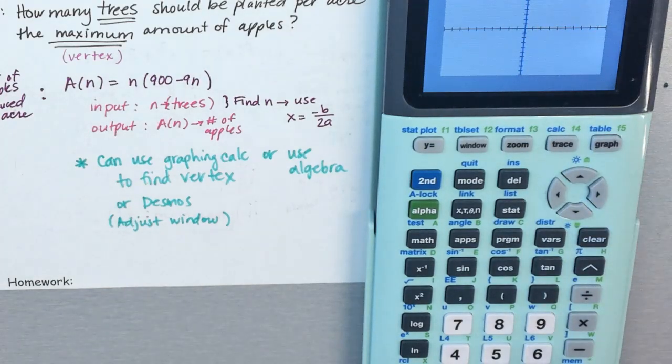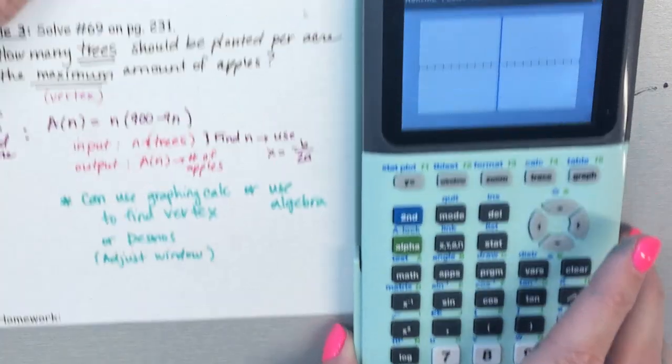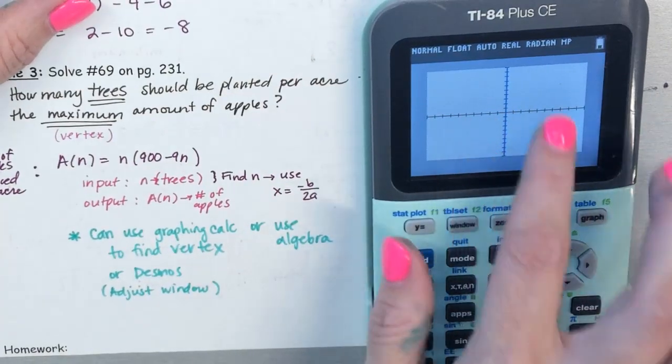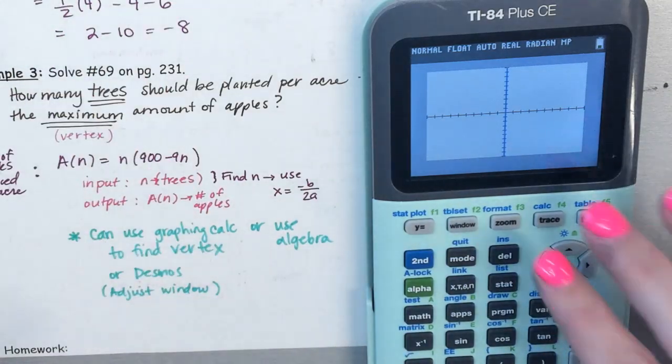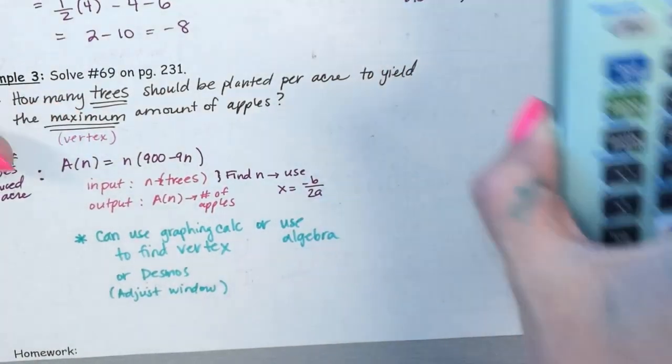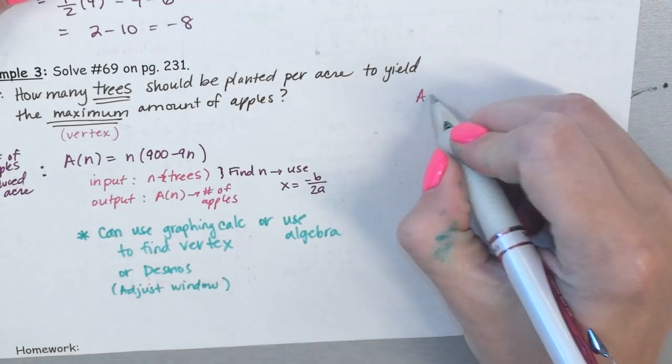It actually looks like it's going straight up. So sometimes when I'm adjusting the window, I use algebra anyway. I'm also going to show you how to do this on Desmos. Anytime you have to adjust a window pretty far, which is going to happen here, I recommend using Desmos to start.